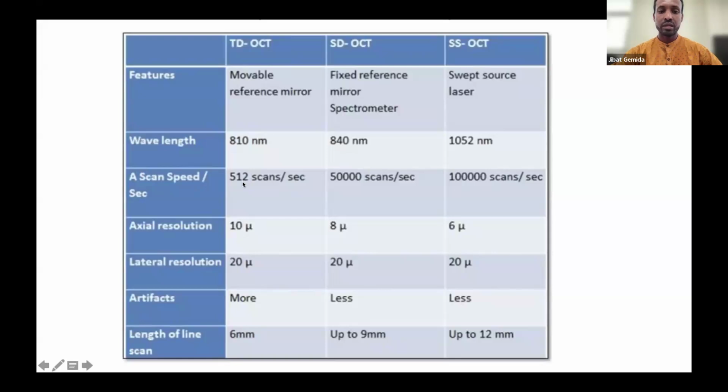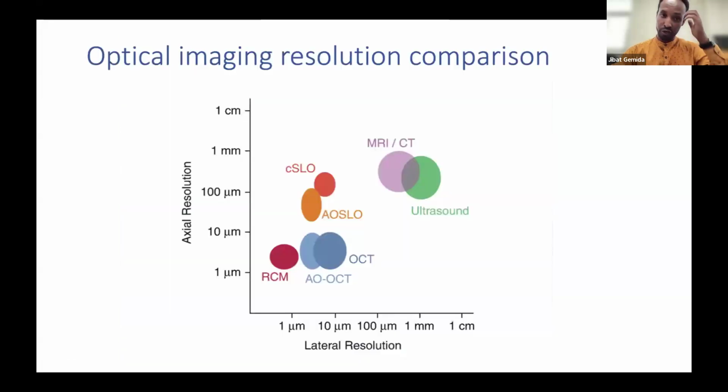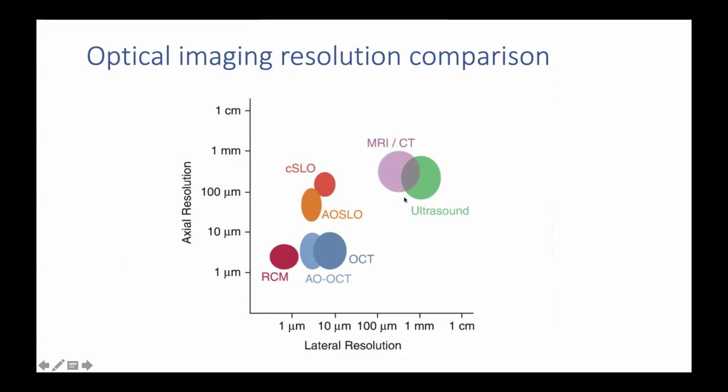With time domain, we can capture around 400 A scans per second, while swept source OCT captures around 100,000 A scans per second. In general, in optical imaging resolution comparison, OCT is better than CT and ultrasound, better than scanning laser ophthalmoscope and adaptive optics scanning laser ophthalmoscope, and comparable with confocal microscope.